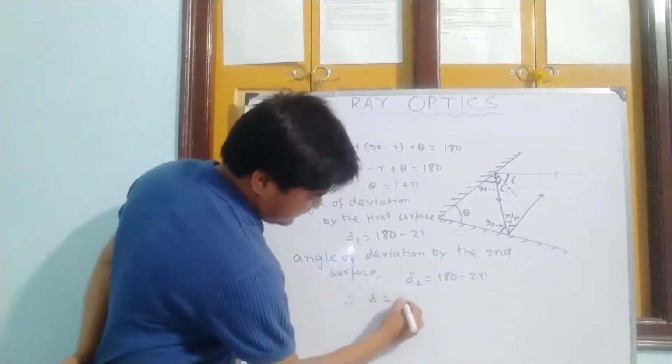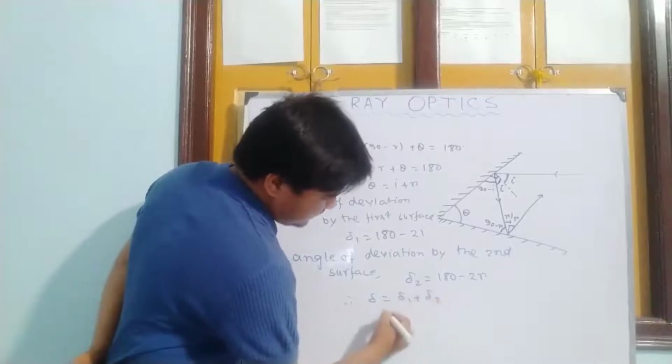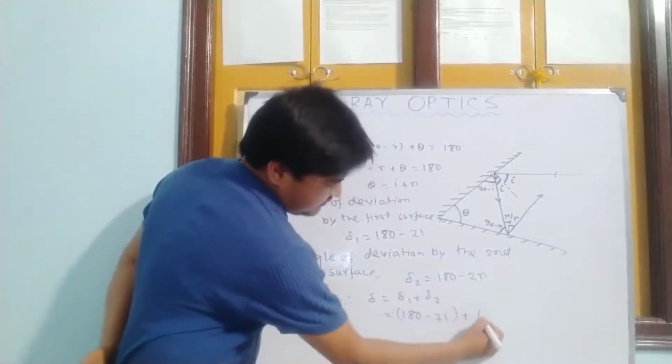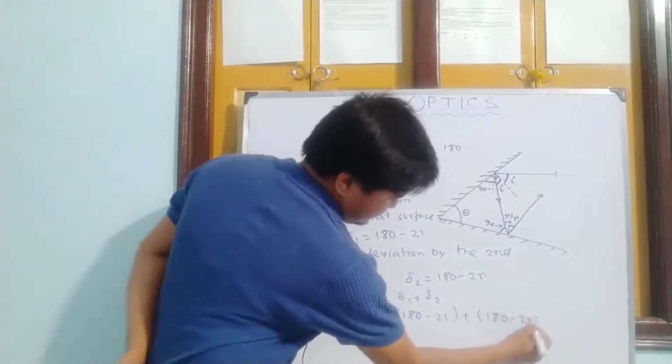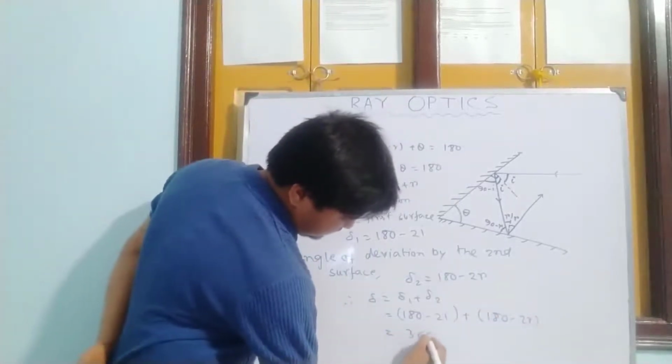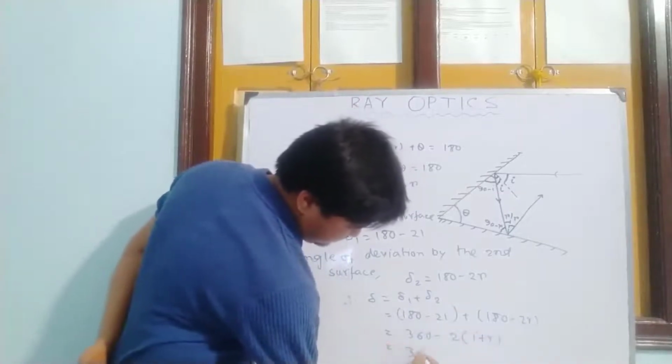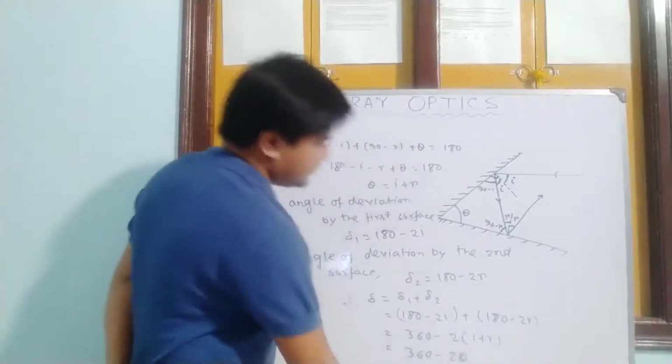So net deviation delta equals delta 1 plus delta 2 equals 180 minus 2I plus 180 minus 2R equals 360 minus 2 times (I plus R) equals 360 minus 2 theta.